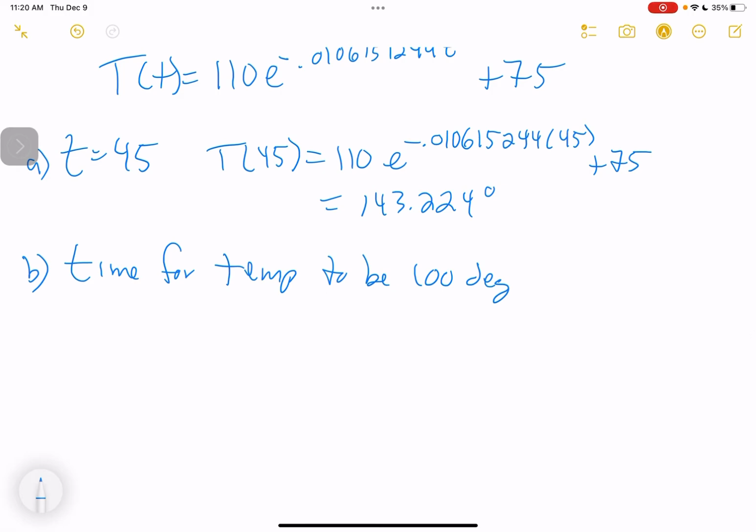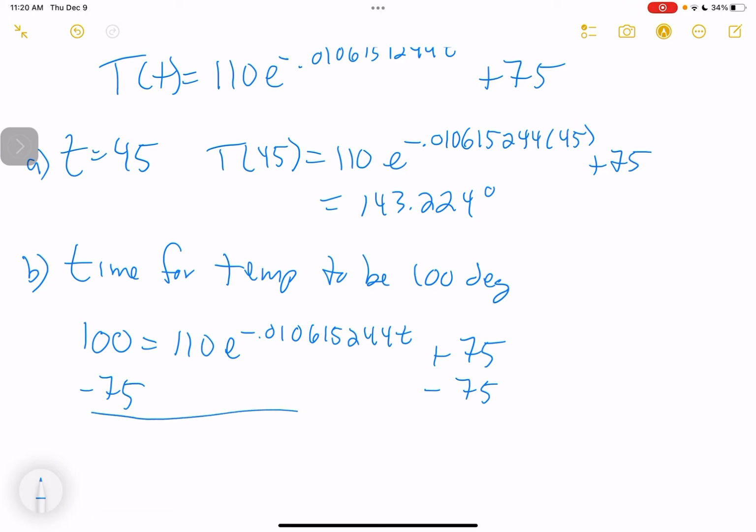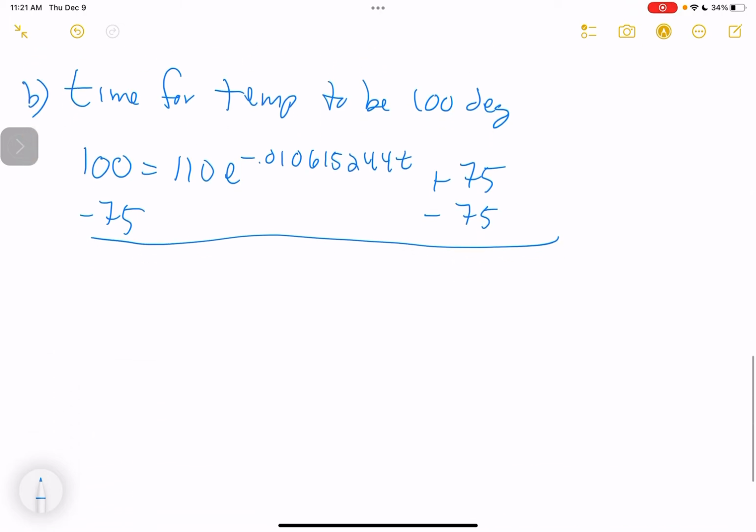So the next part is they want to know how long before the temperature's at 100 degrees. So we're going to put that 100 is the temperature we're after, equals the 110 e to the negative 0.010615244 t plus 75. Then we can subtract the 75 from both sides. Again, we're solving for this t, and t is a variable that's in the exponent or power of e, which is the constant.